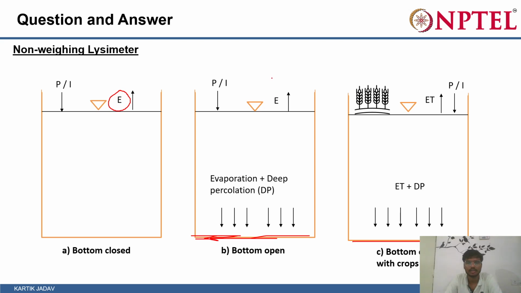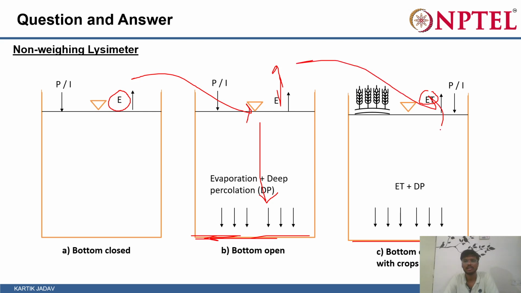In that case evaporation will happen and water also tries to move down. So evaporation first, deep percolation will happen, and whenever there is a crop, evapotranspiration will happen. So when you balance all these components, you will get evapotranspiration.